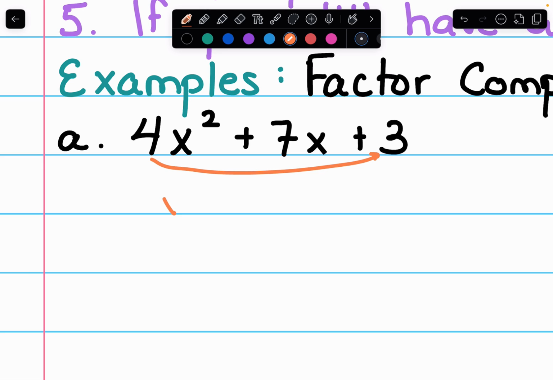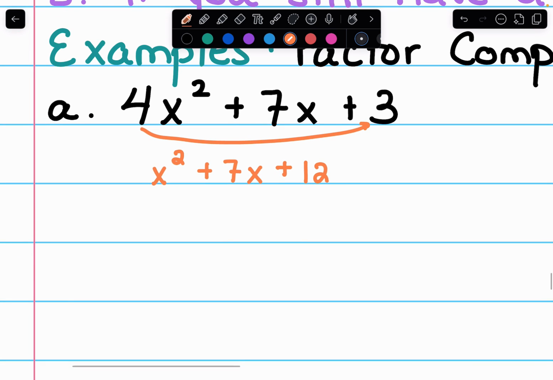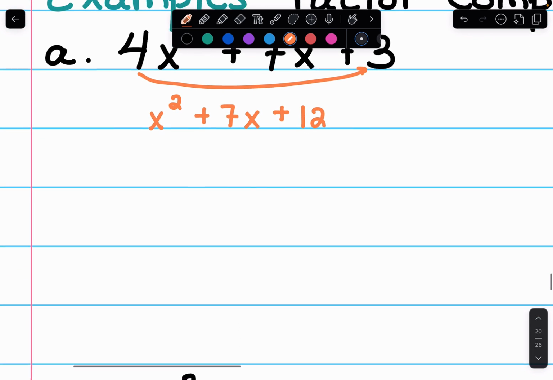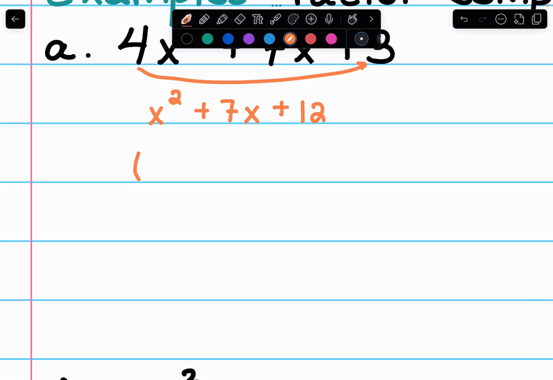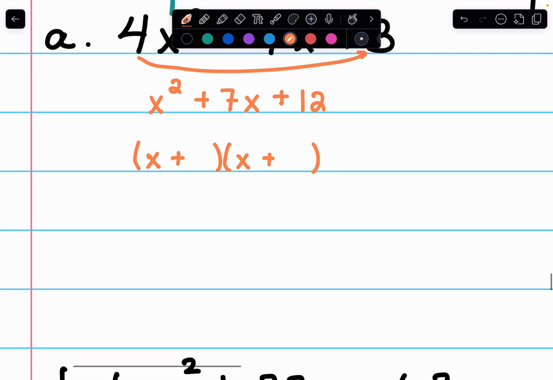So it's going to be x squared plus 7x plus 4 times 3 is 12. Well, what I did just then is I created an easy trinomial that I'm going to factor. Okay, so that's x and x. My signs are the same and they're both positive. And then the factors of 12 that add to 7 are 4 and 3.